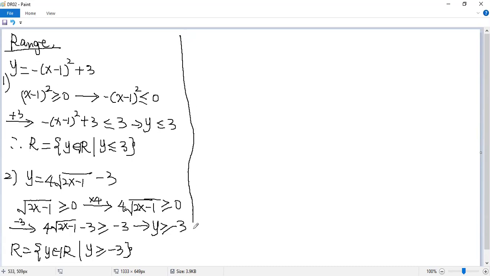Let's look at our last example. We consider a rational function. y equals (x squared minus 1) divided by (x squared plus 1). First, we change the numerator this way. So I write it as (x squared plus 1 minus 2) over (x squared plus 1).